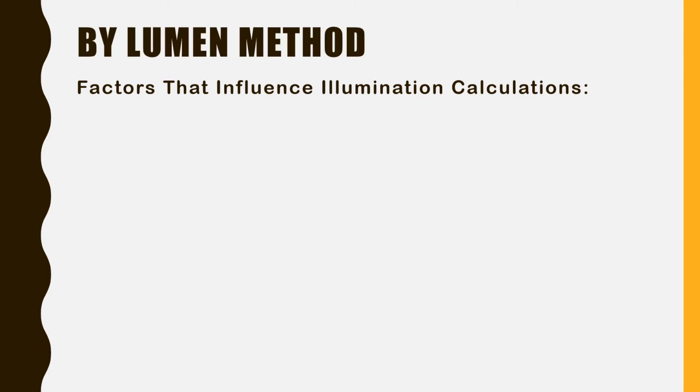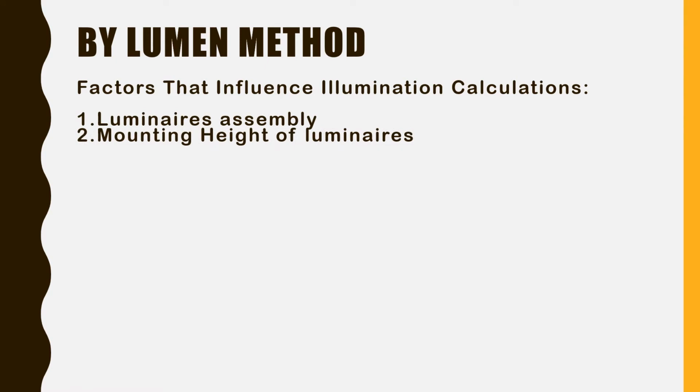Factors that influence illumination calculations. This is still by lumen method. Number one is luminaires assembly. Of course, here you can select whatever luminaires or lighting fixtures you want. Number two, mounting height of luminaires.